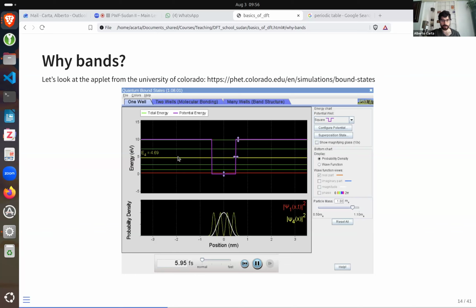As you can see, as we go higher and higher, the states become more delocalized, and as we increase the energy, the system gets closer and closer to the edges of the quantum well. The simplest state here, the lowest energy, will hold exactly two electrons, for up and for down.